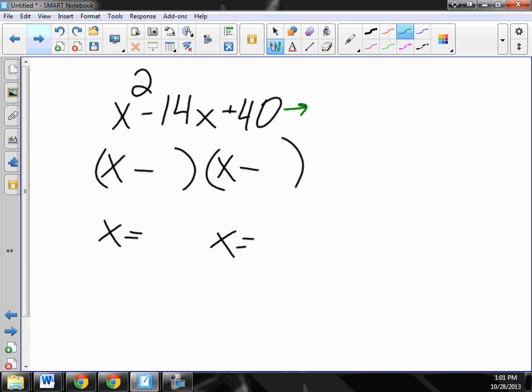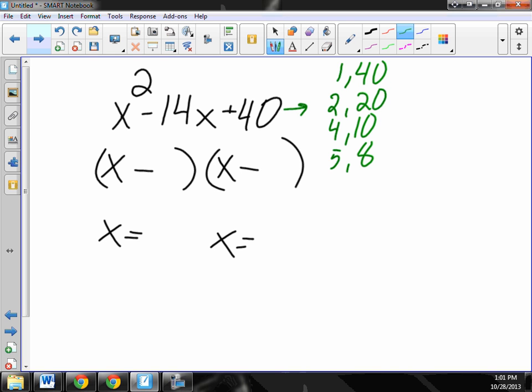So the factor pairs would be 1 times 40, 2 times 20, 3 doesn't work, so we ignore it, 4 times 10, 5 times 8, 6 doesn't work, 7 doesn't work, and 8 is already listed, so we don't need to list it again.